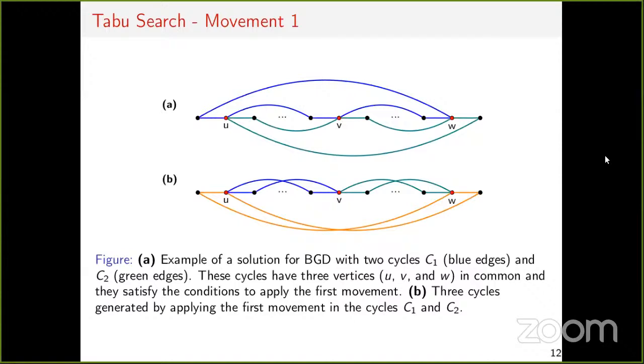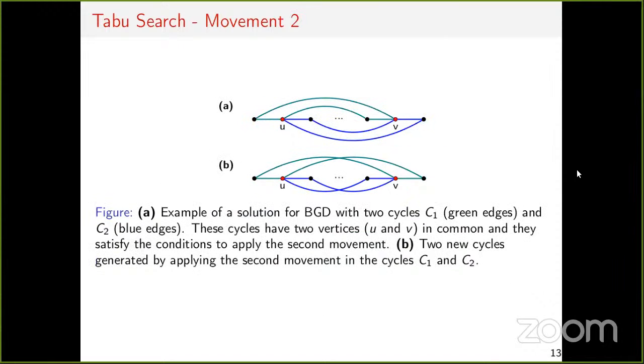Then the paths between these vertices also need to fulfill some conditions. If these conditions are fulfilled, we can replace the 2 cycles of the initial solution by 3 other cycles, improving the number of cycles of the solution by 1.